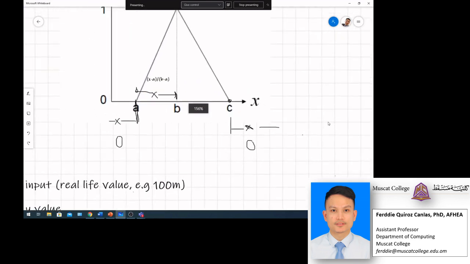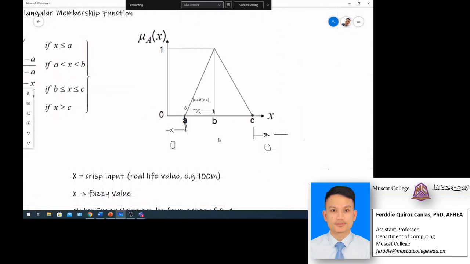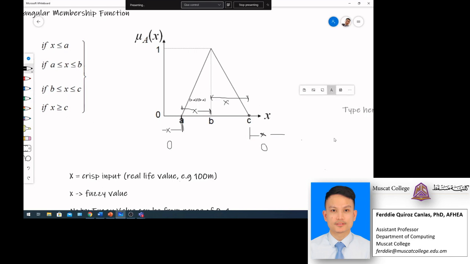If my x is between b and c, meaning my x is residing here, then I have to use this formula.